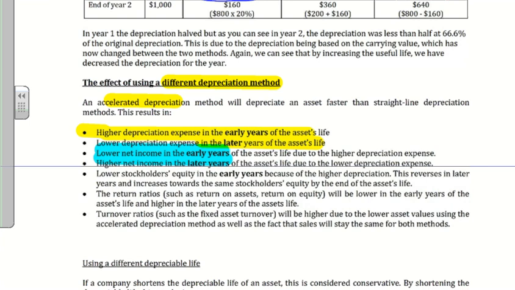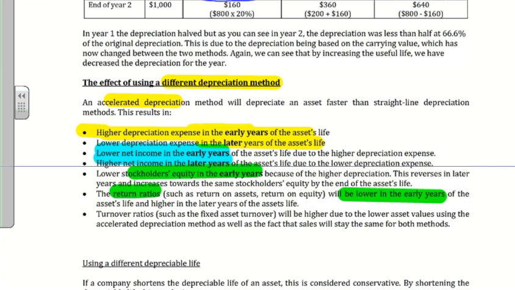And this is how you need to start to think when you start to do financial statement analysis, this particular section, is you've got to think about what are the impacts of what your accounting choice is going to have on everything. Lower shareholders' equity in the earlier years. Your return ratios are lower in the earlier years. Why are your return ratios lower? Your return ratios are lower because your net income is lower. Why is your net income lower?